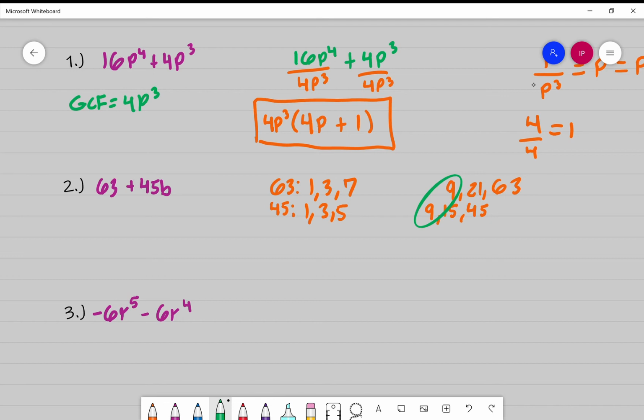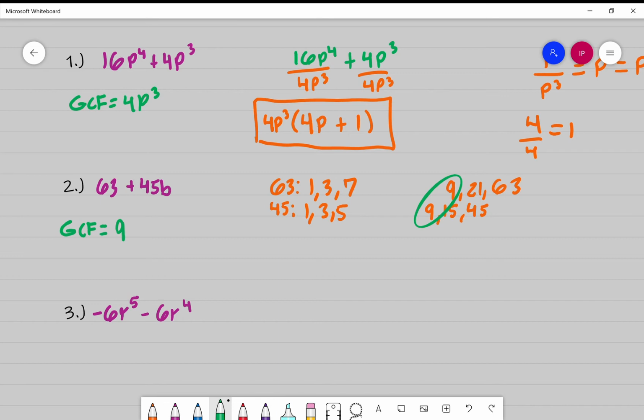So GCF equals 9. Well, if we look at the other number, it says 45b. You notice 63 doesn't have a b. So we can't have b involved in our GCF. So our GCF between 63 and 45b is just 9.